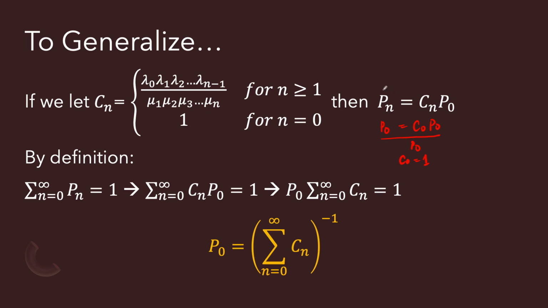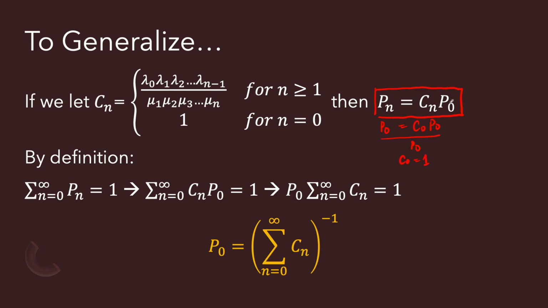Now, because our P sub n formula is this, we can actually use a definition that we currently know from our probability class. And what is that definition? That the sum of all the P sub n's from n equals 0 to infinity should be equal to 1.